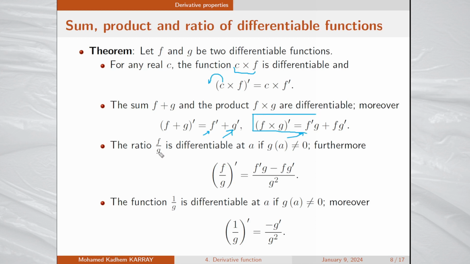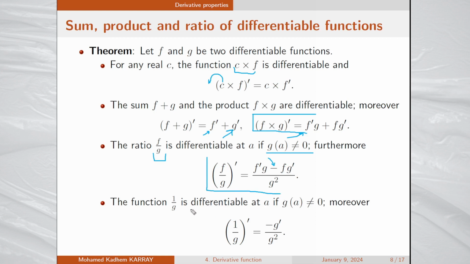The ratio f divided by g is also differentiable at a if g of a is not 0. Moreover, (f/g)' equals (f'g minus fg') divided by g squared. Please also keep in mind this formula.